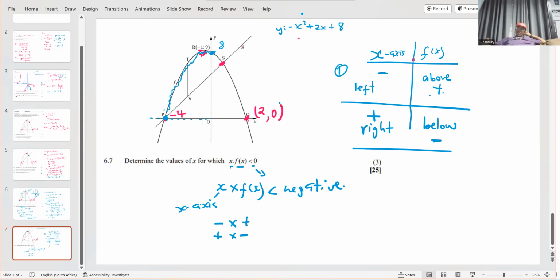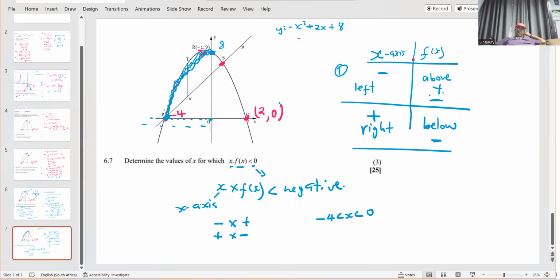But the x value there is 0, because it's the y-intercept. So this graph is positive here from negative 4 to 0. That's where the graph is above. Because here it's a negative. You can see these are negatives from here. So my answer is going to be between negative 4 and 0.